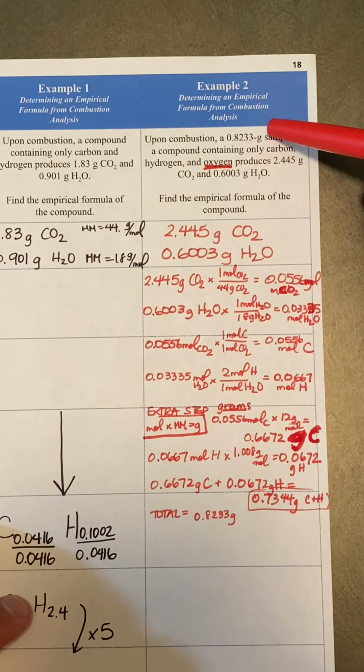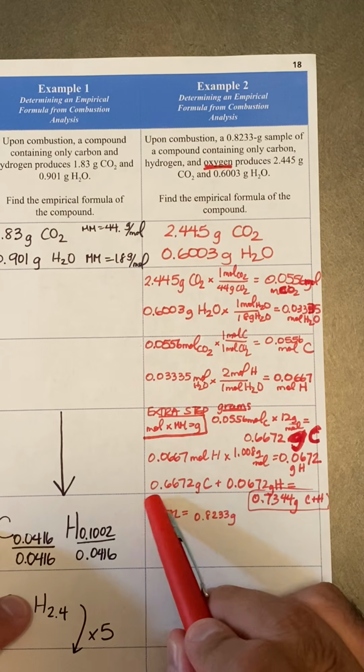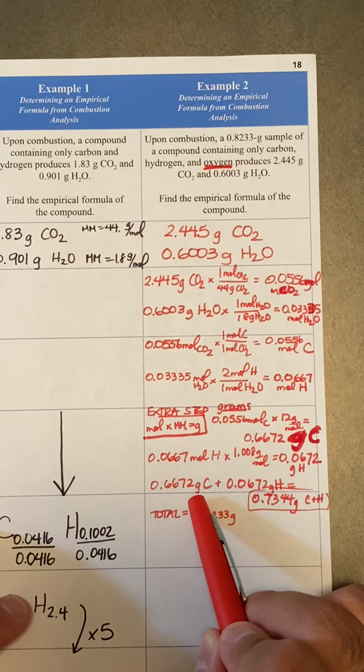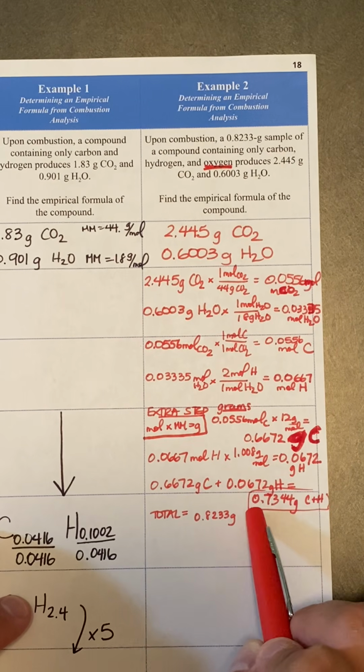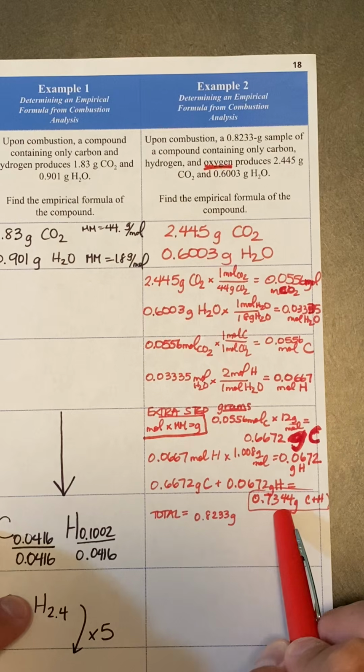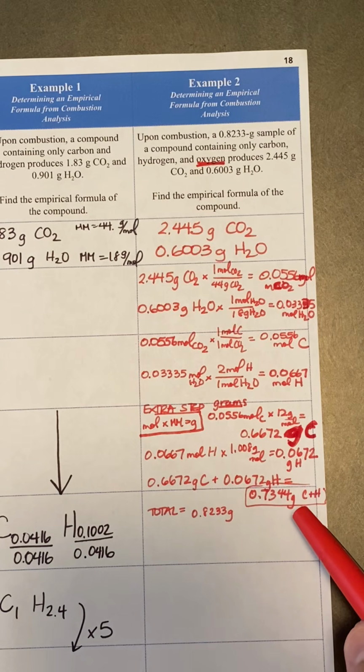My mass of the sample is 0.8223, and my sum of carbon and hydrogen is 0.6672 grams of carbon plus 0.0672 grams of hydrogen. I should get 0.7344 as opposed to the 0.133 that I got before. So that was a mathematical error on my part.